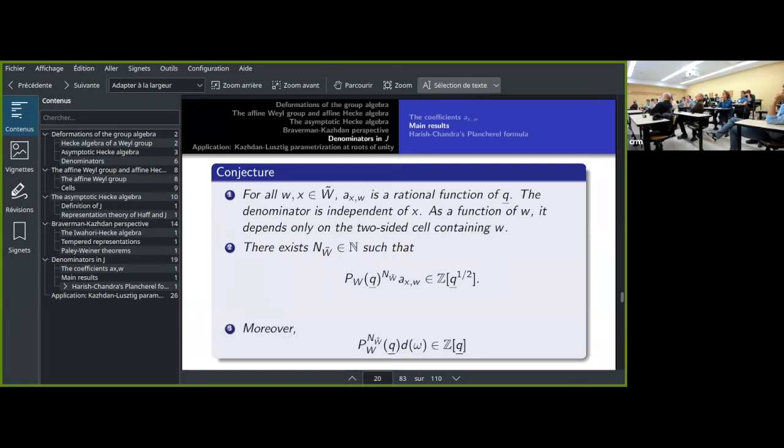The same is true for formal degrees of square integrable representations of all the Levis, but that's a minor thing. The main result is that if W tilde is the affine Weyl group of GL_N or SP4, then this conjecture is true, and the Braverman-Kazhdan map is injective.